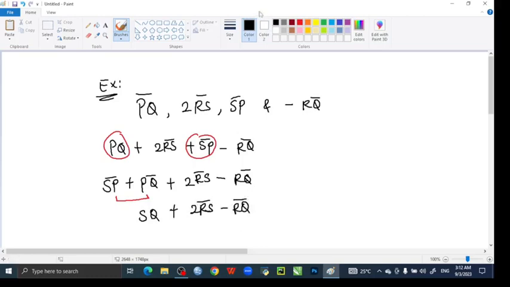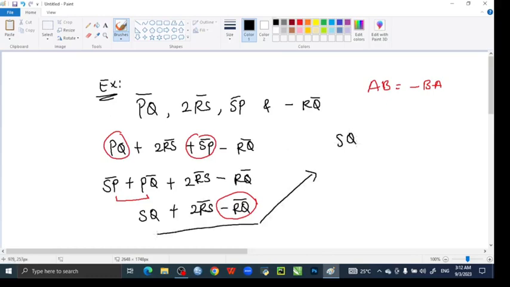Now I want you to know something: if you have AB and you want to change the arrangement, it becomes minus BA. So if you are rearranging it, the sign will change. It will affect the sign. So like this one, if I want to rearrange it, the sign becomes positive. So from here I will have SQ plus 2RS plus QR.